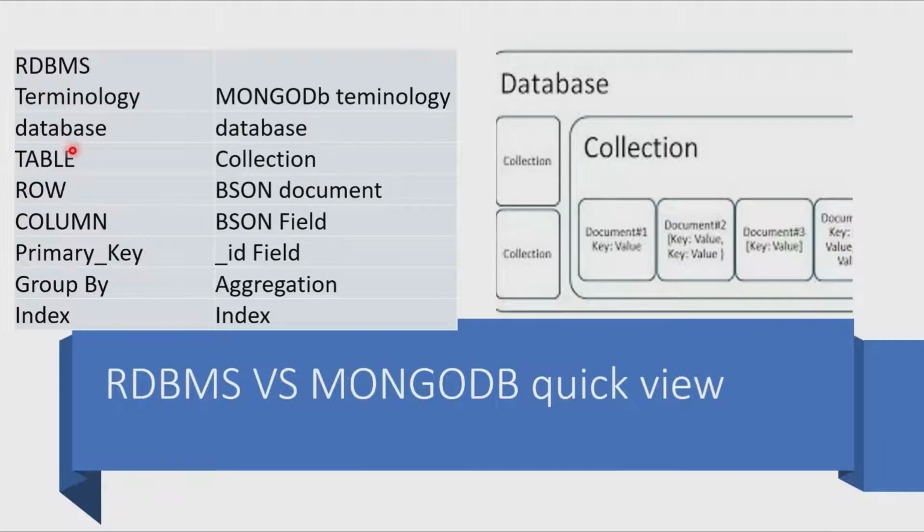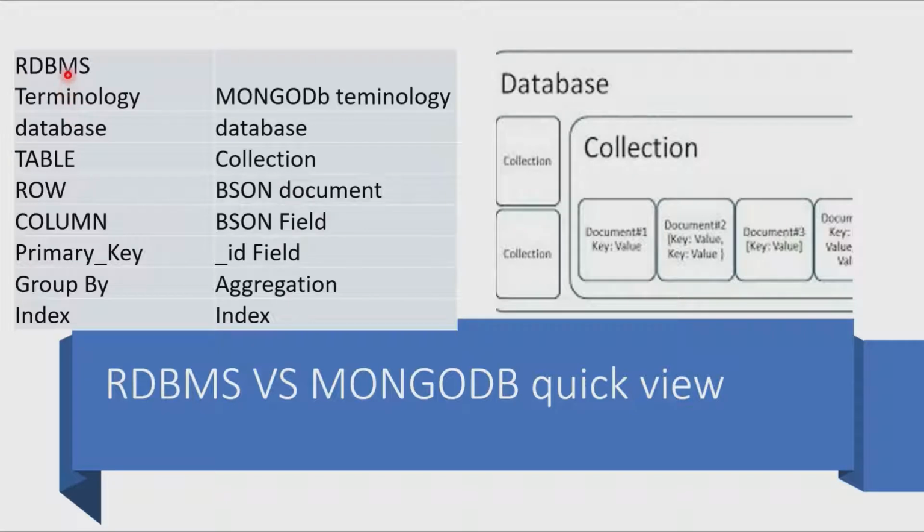In RDBMS, we say a collection of rows and columns is a table. But in MongoDB, the analogue of a table is a collection. In RDBMS, we say a record is a row, but in MongoDB it is known as a document or JSON document.